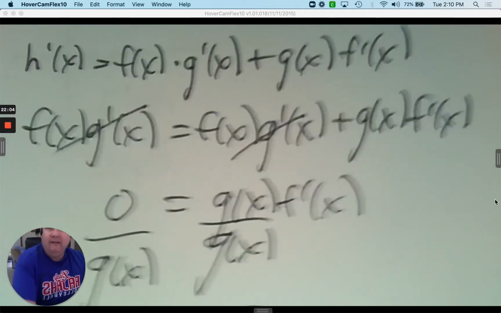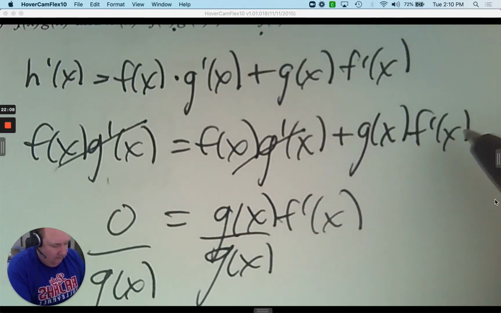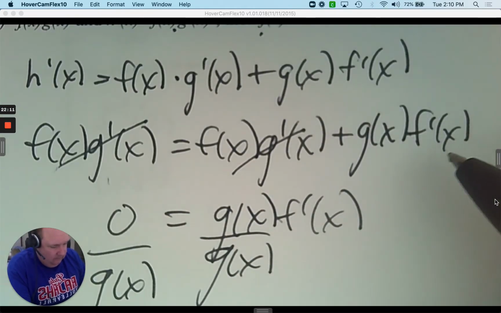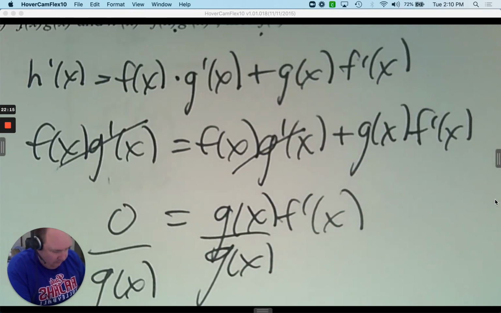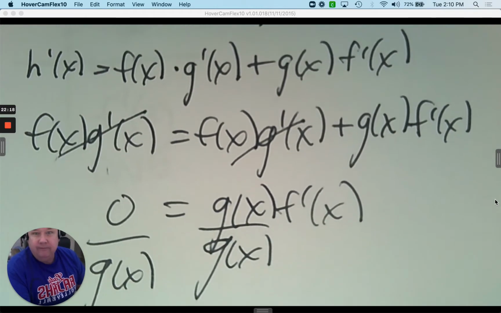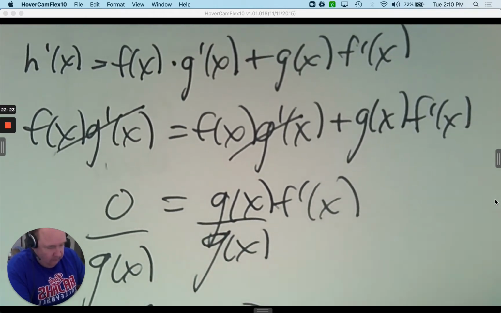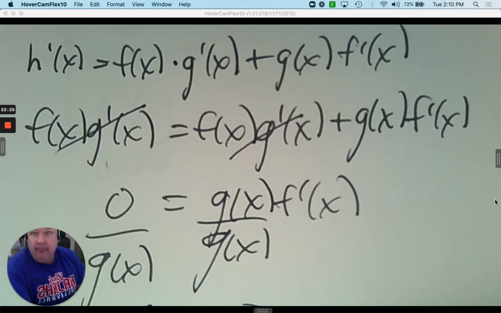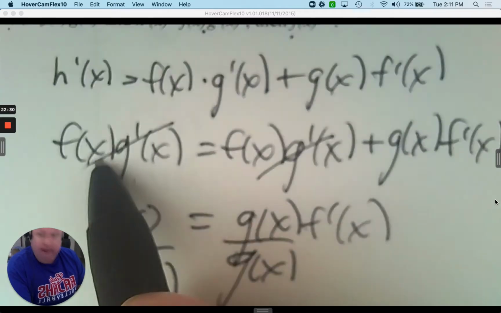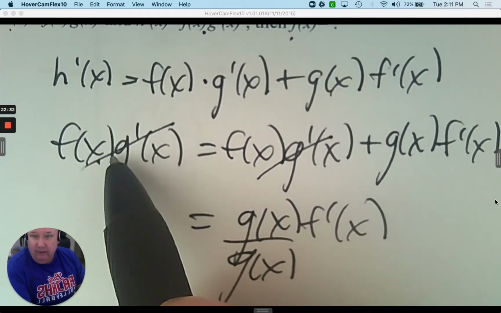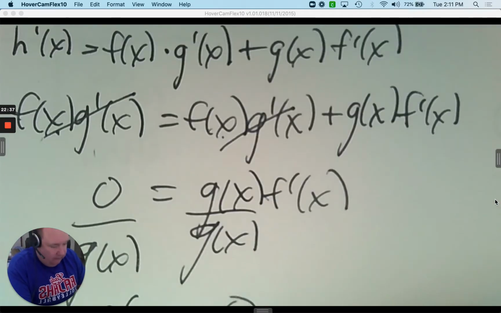Let's try again. So f at x, it says f at 0 equals 1. So if that's true, if f at 0 equals 1, so then that's equal to 1. f at 0 is 1, so that's just g prime at x.